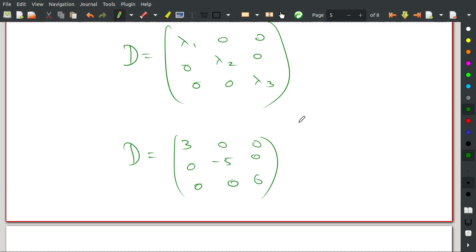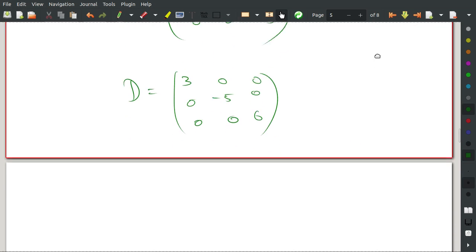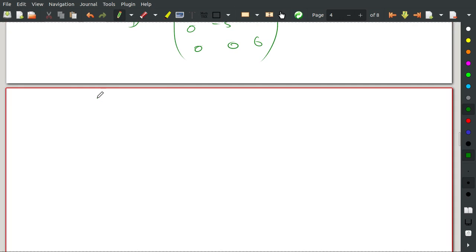We also have to find another matrix called the P matrix, which is nothing but the matrix of the eigenvectors, right? So here the order is very important. So our D matrix is nothing but 3 0 0, 0 minus 5 0 and 0 0 6, right?